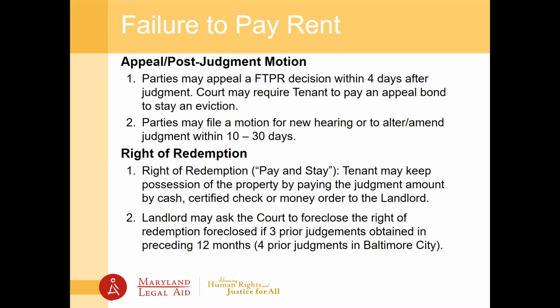But because failure to pay rent is about getting paid that rent in lieu of maintaining possession, if the tenant is able to gather the amount of money owed to the landlord up until the moment of the eviction, we call it pay and stay, the tenant may be able to keep their property.